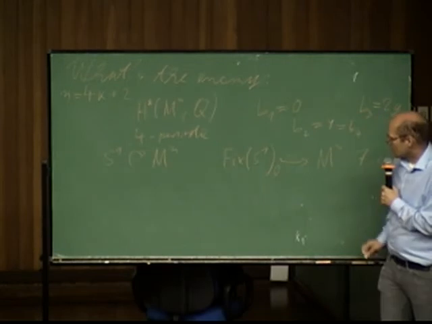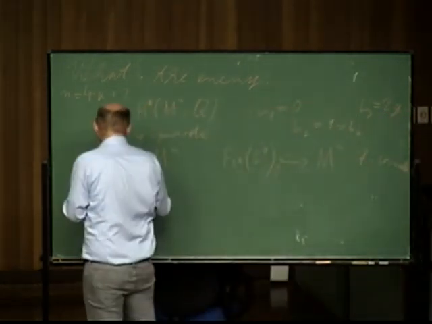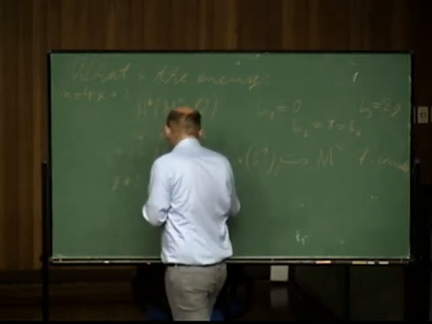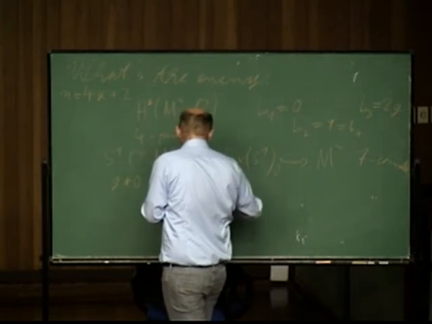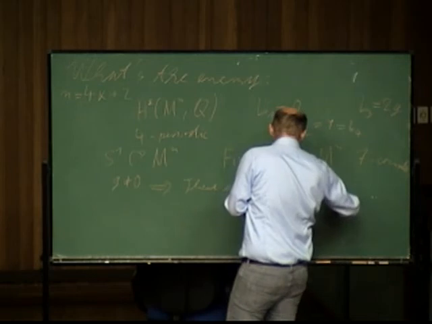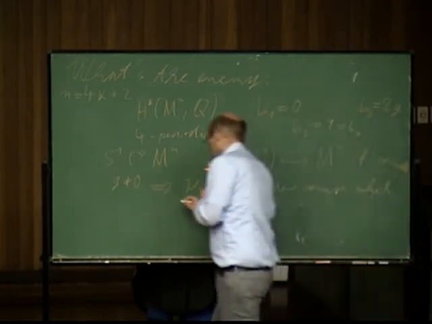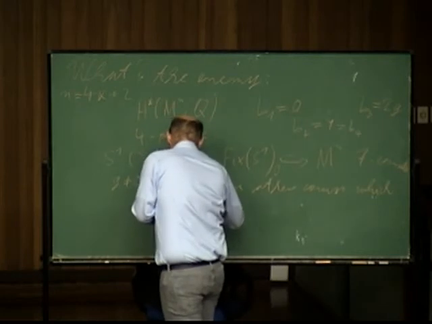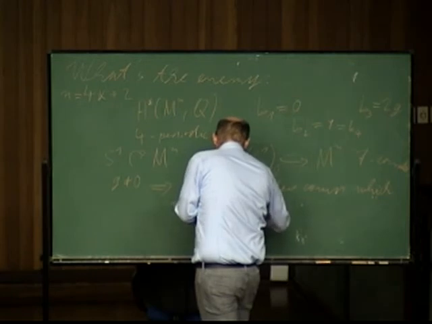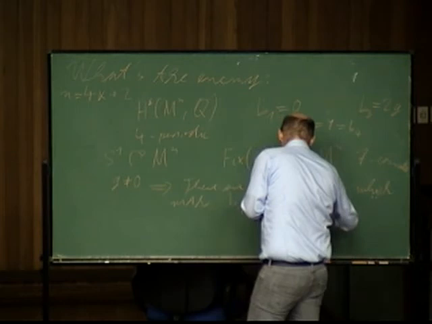And then you show that if G is not equal to 0, it implies there are other components which are not simply connected, with infinite pi 1, with B1 of Fi positive.